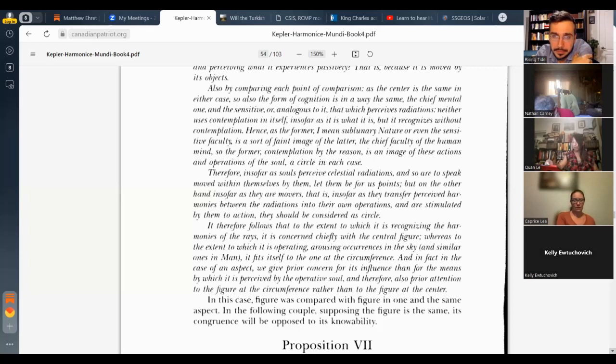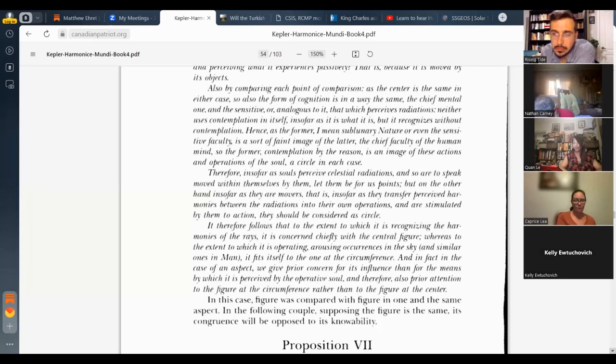It therefore follows that to the extent to which it is recognizing the harmonies of the rays, it is concerned chiefly with the central figure, whereas to the extent to which it is operating, arousing occurrences in the sky and similar ones in man, it fits itself to the one at the circumference.